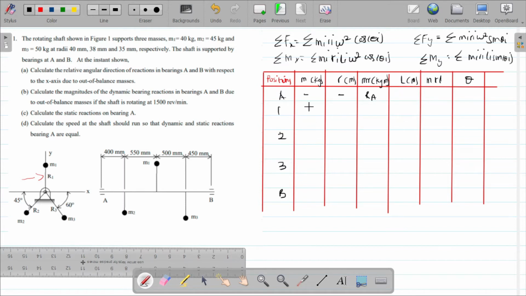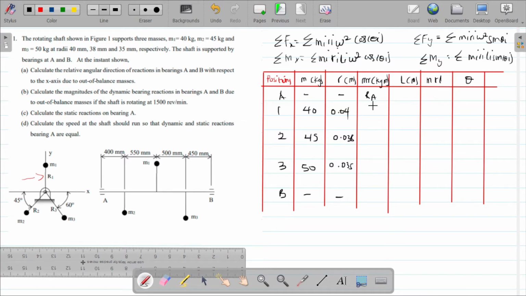The mass 1 is 40 kilogram, mass 2 is 45, mass 3 is 50. B has no mass. The radius of rotation for 1 is 40 millimeters, so 0.04. For 2 it is 0.038, and for 3 it is 0.035.